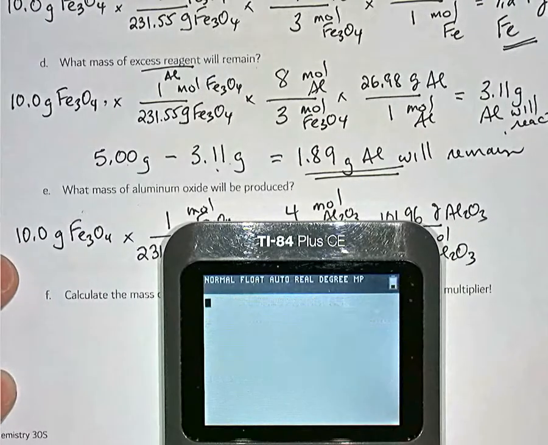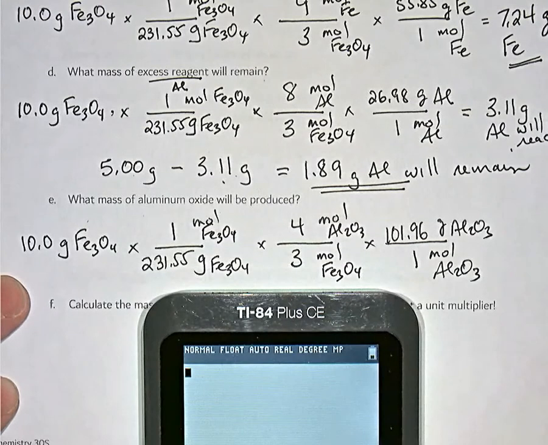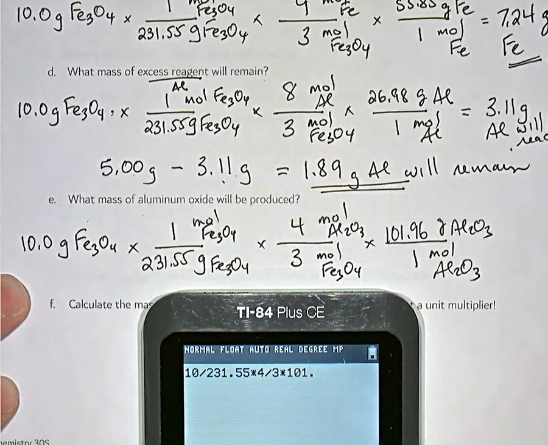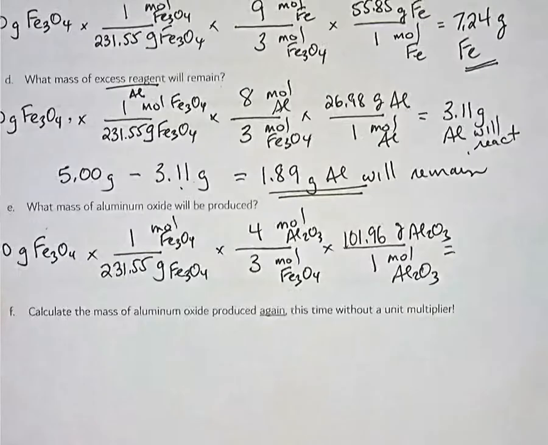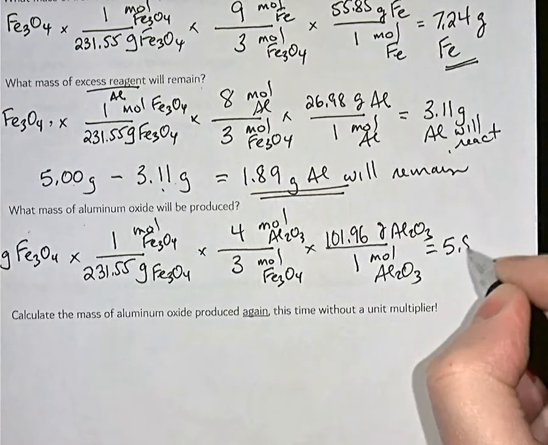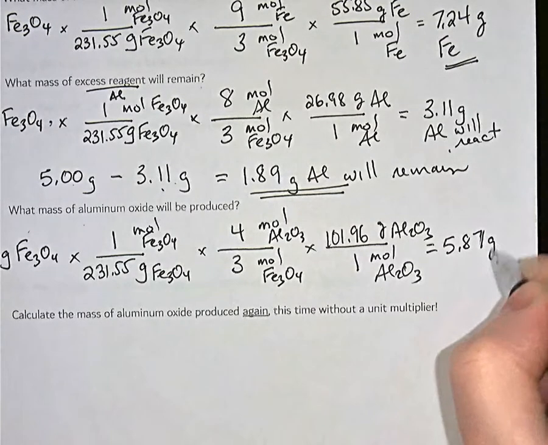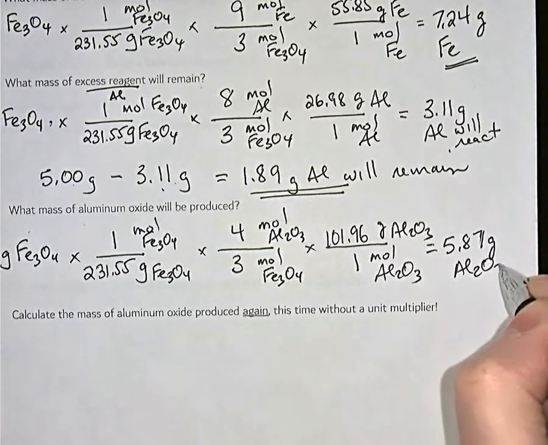So using the calculator again, we have 10 divided by 231.55, times 4, divided by 3, and then multiplied by 101.96. Keeping 3 digits, we get 5.87 grams of aluminum oxide.